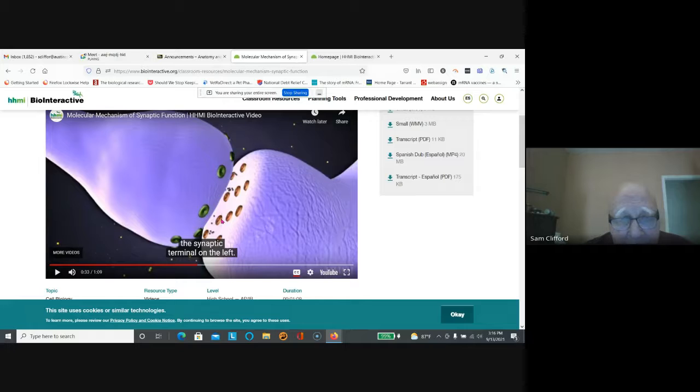That's going to bind to these little pipes or channels, and that's going to open up these channels to allow sodium to come into this postsynaptic neuron. And as the sodium rushes in, it's going to cause a change in the voltage of the cell. The cell becomes much more positive, and other channels will open that are voltage sensitive. Okay, so let's watch that, and we'll watch it again.